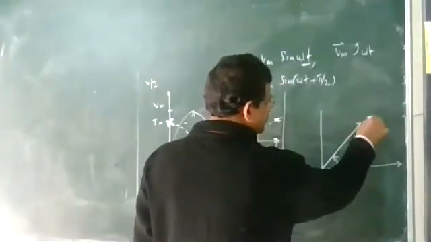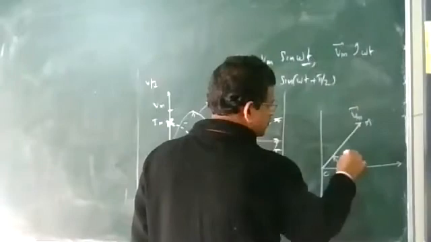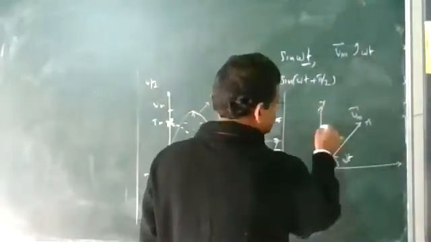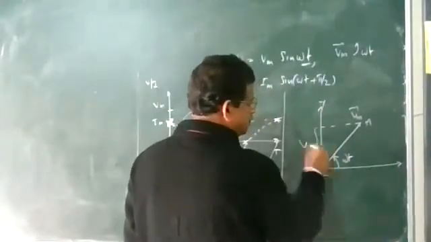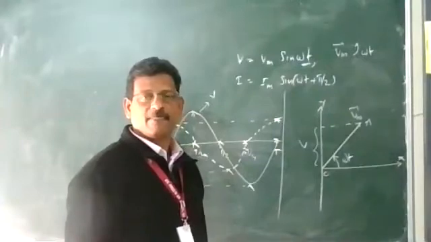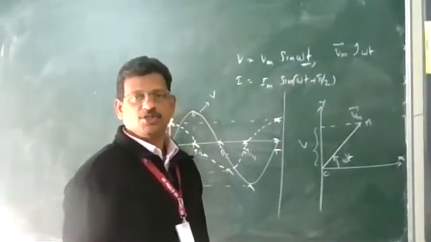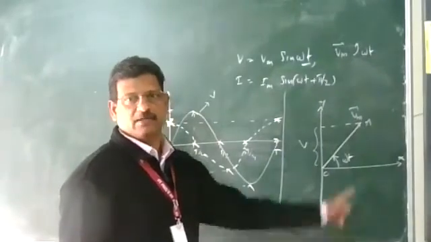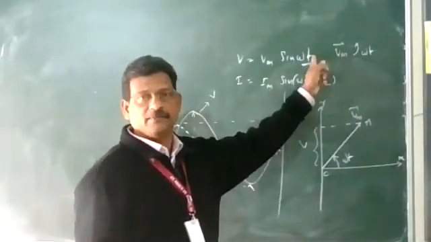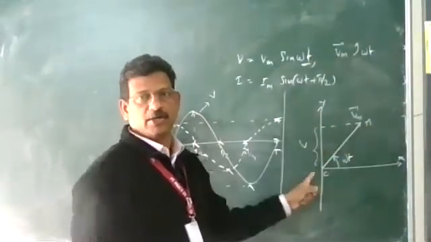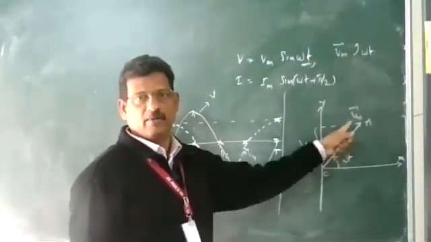OA vector is the Vm phasor rotating through an angle omega t, and its projection on the y-axis will give you the value of V at any time. So this is the meaning of phasor diagram. A phasor means the maximum value is a rotating vector, rotating through an angle omega t in the anti-clockwise direction, and its projection gives the instantaneous value. From here to here, you find the angle omega t.